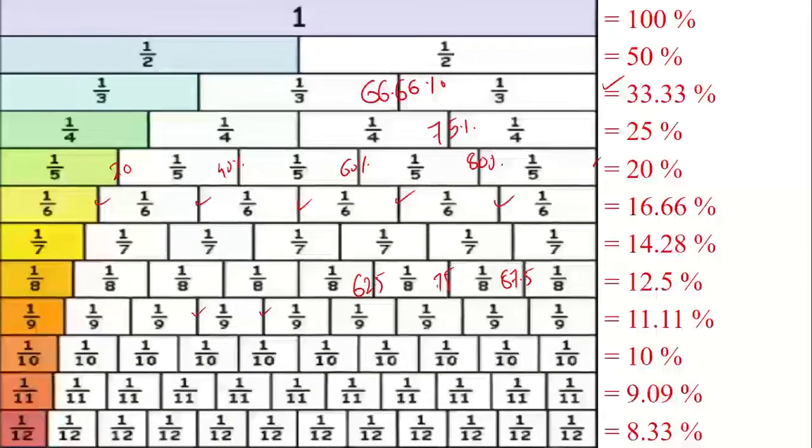Then 1 by 11 is 9.09. Remember the table of 9. So 2 by 11 is going to be 18.18. 3 by 11 27.27, 36.36, 45.45 and so on. 1 by 12 is 8.33. So 2 by 12, which is also equal to 1 by 6, is 16.66%.